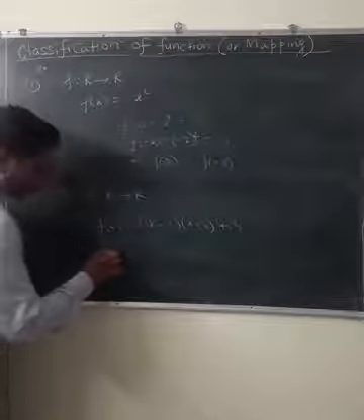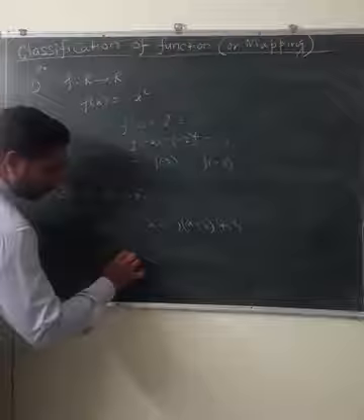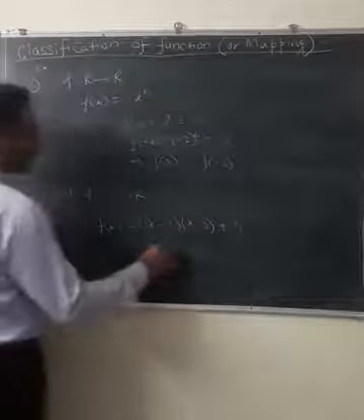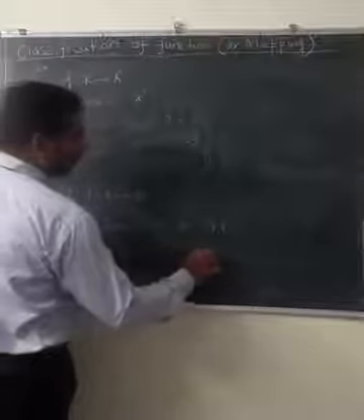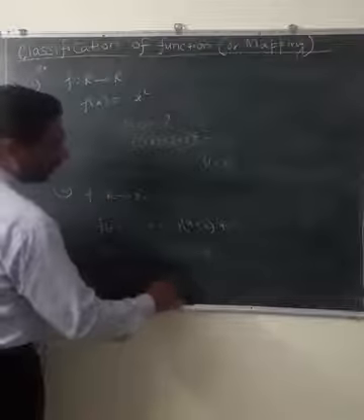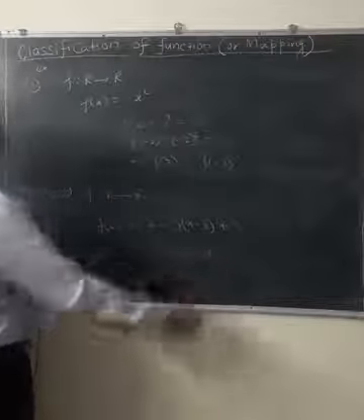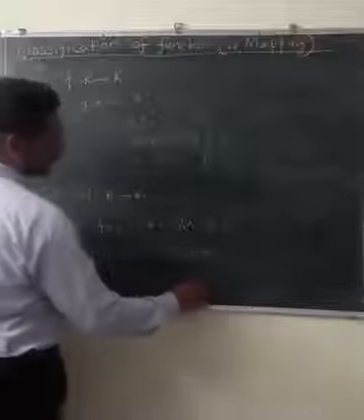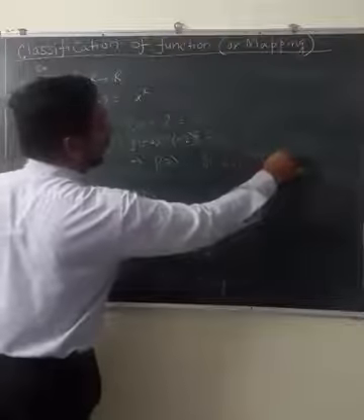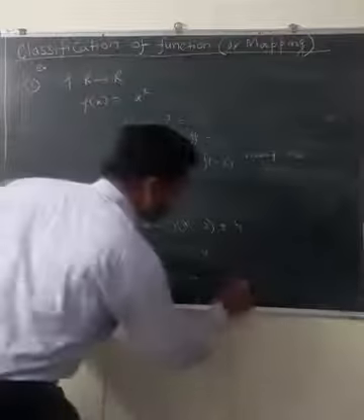If someone finds f(1), put 1 and you will get 4, and f(2) is also equal to 4. That means f(1) is equal to f(2). So at 2 points the image is the same. That means the function is many-one. It means it cannot be one-one. This is the method.